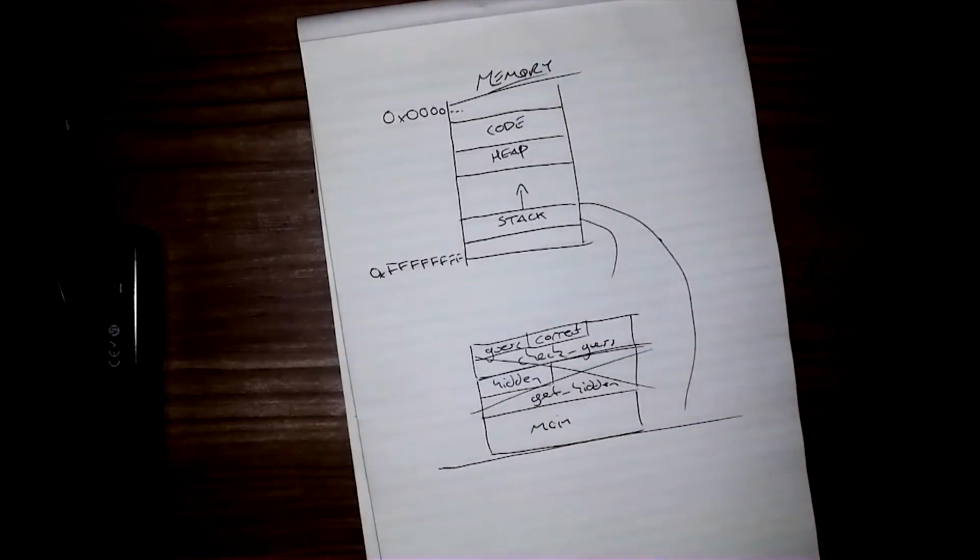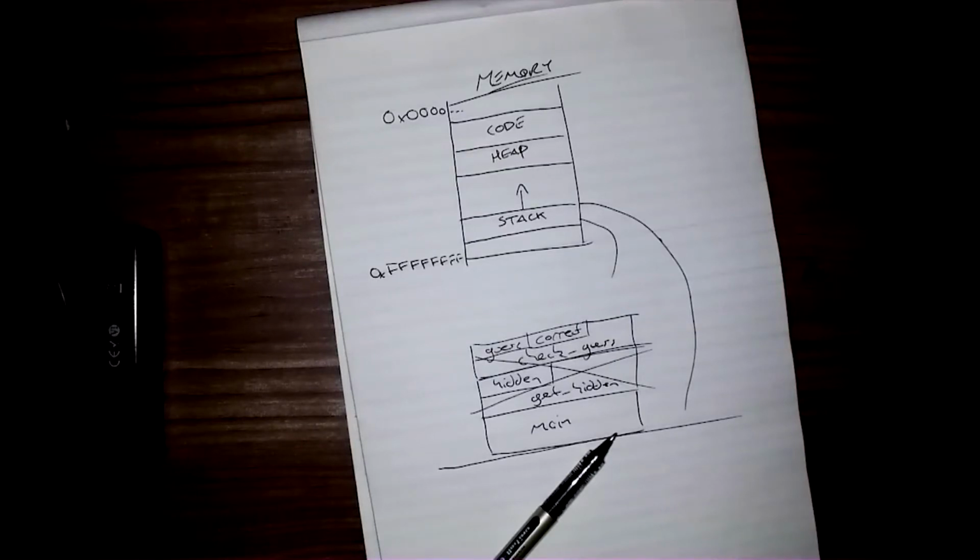And that lives inside of the stack frame of check guess. So whenever we call check guess, that puts a stack frame on top of main. We put the variables in there that we're working on, read in stuff from the user, put them inside that stack frame, figure out whether or not they were correct.